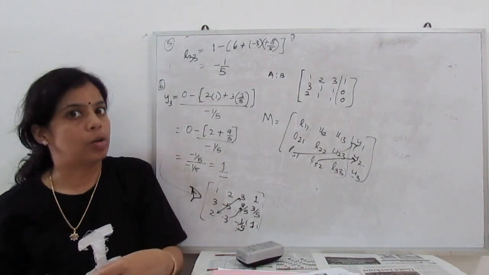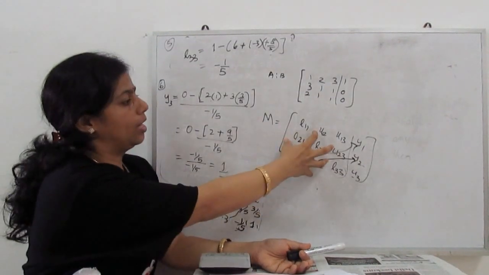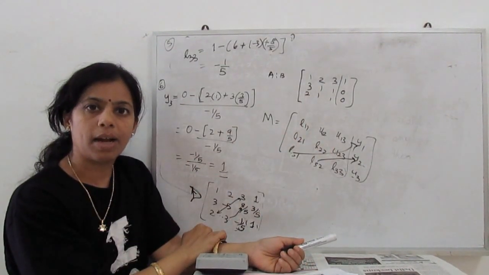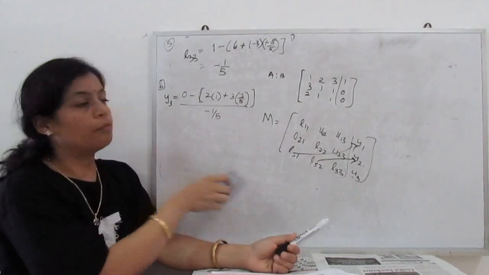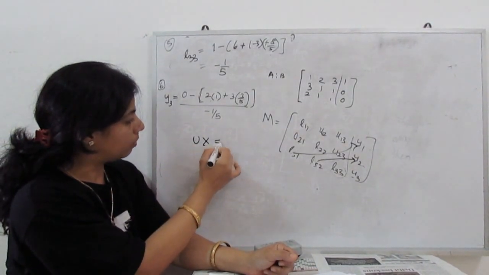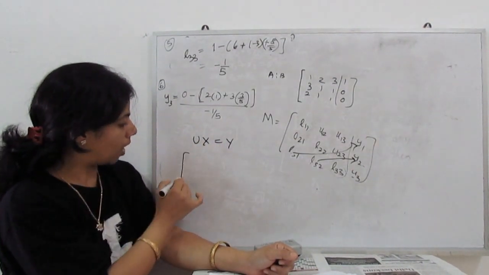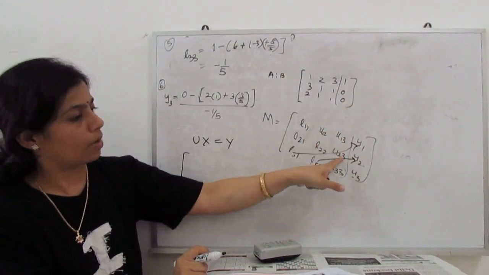Now we have to calculate the solution. When we get all the elements in our auxiliary matrix, then we go only for the U matrix, meaning our solution is given by Ux equal to Y. U means only these elements have value.